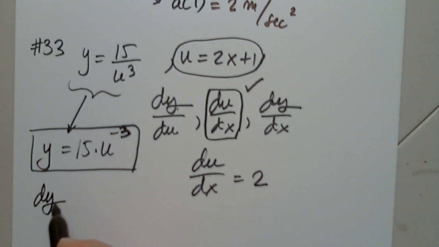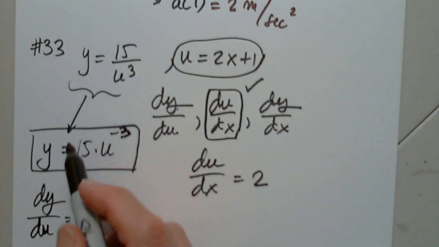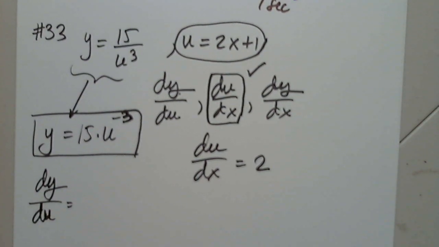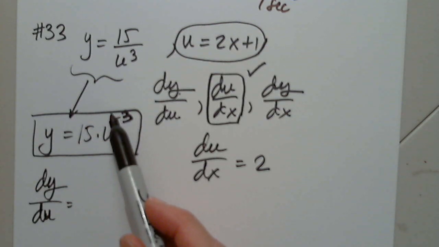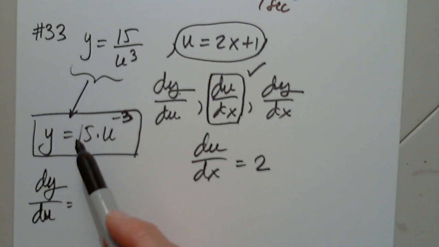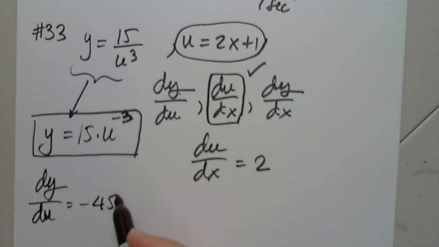Can anyone determine for us dy over du? What do you think this is? How do I write it? Take a moment and let me know what I should write. How do I differentiate 15 u to negative 3? I have to put it here. 15u, we bring down negative 3. We get negative 45.